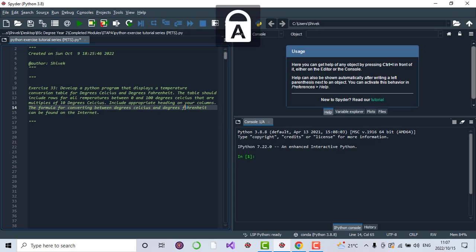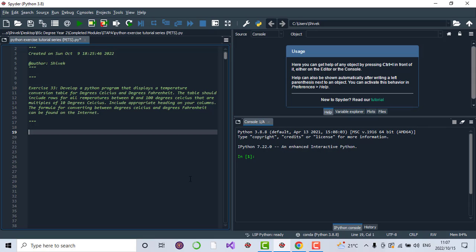Okay, guys, so looking at this problem, we see that it's super interesting and quite similar in terms of logic to the previous exercise, which is exercise 32. We are working with two units of temperature, degrees Celsius and degrees Fahrenheit.